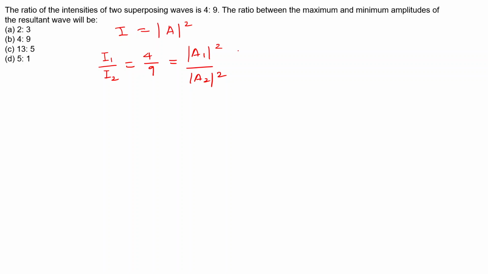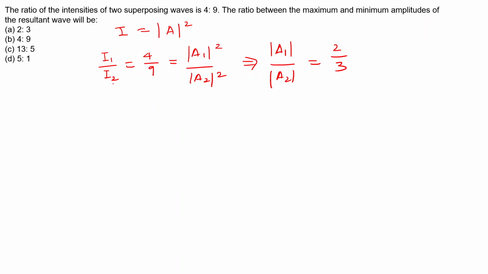From this relation I'll find that A1 to A2 will be the square root of 4 by 9, that is 2 by 3. So the ratio of A1 to A2 is 2 by 3. Now we have been asked the ratio between maximum and minimum amplitude of the resultant wave.